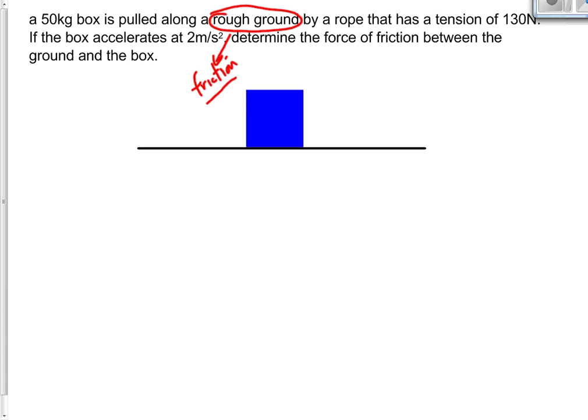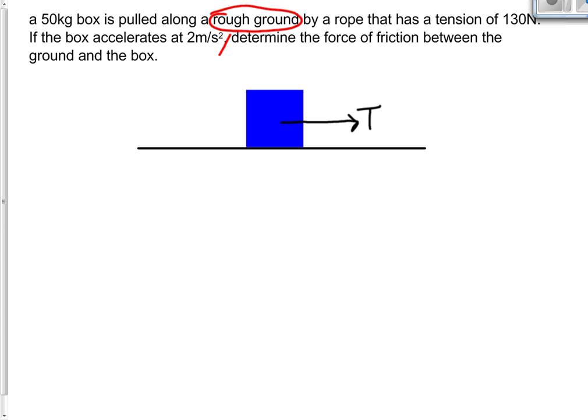So let's start out with number one. We do these the same way every single time. Let's do a free body diagram for this. So it says that we are pulling on a rope, and the force in that rope is 130 newtons. Let's save the numbers for later.